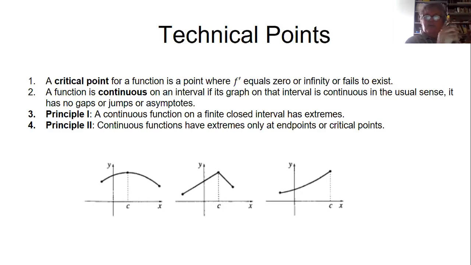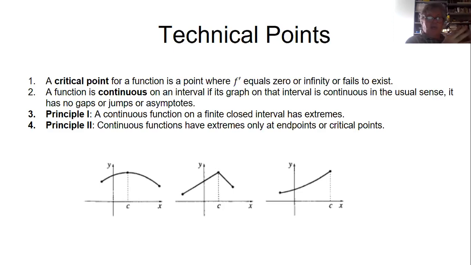It's closed, that means it includes the endpoints. So an open interval would be like if you use a round bracket, closed if you use a square bracket. That's the convention. And then the second principle is that continuous functions have extremes only at the endpoints or critical points.